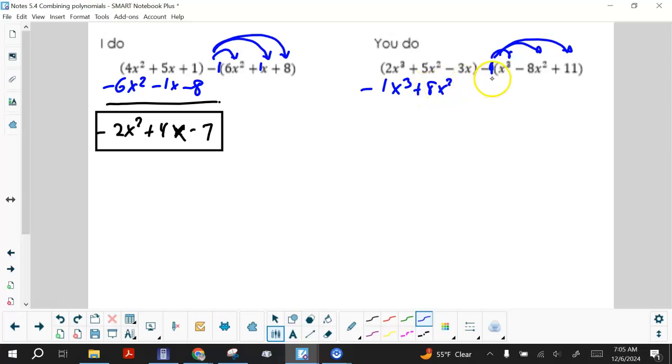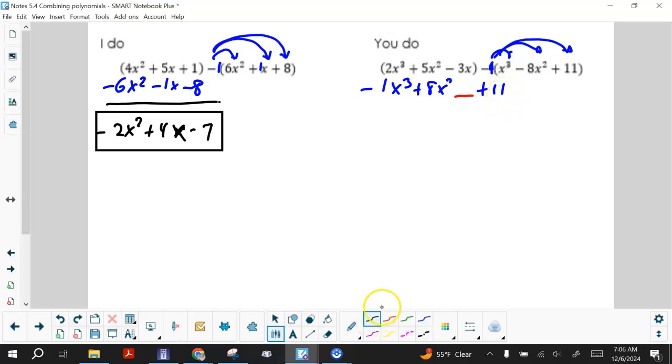And then I'm going to have negative times a positive, which is a negative 11. You notice that negative 11 doesn't have an x. So I'm going to take that one and move it over just a little bit, just enough to make room to say that there is no x term here, but what I do have is a negative 11.